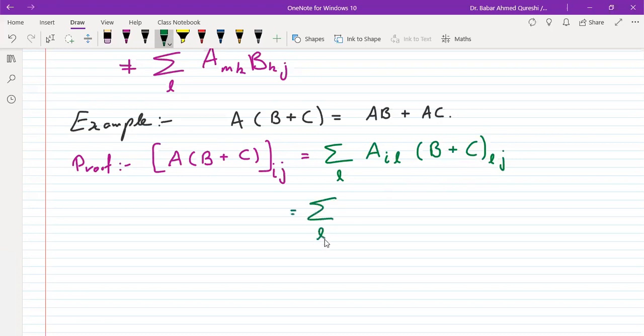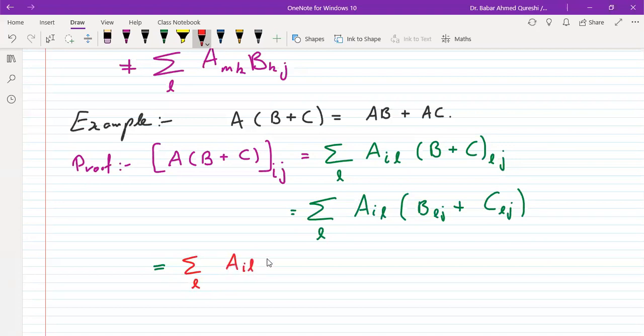So I can write it like this. Now these are just numbers because these are entries in matrices. So for numbers, obviously this distributive rule holds, so I can multiply it through inside the bracket.